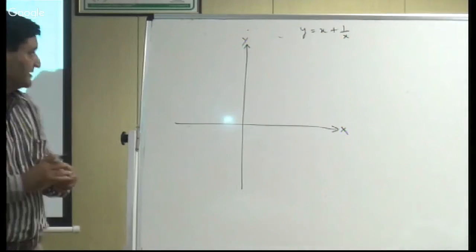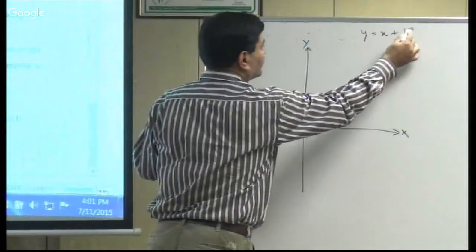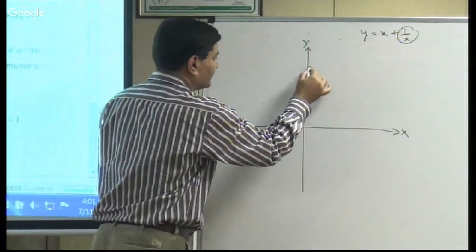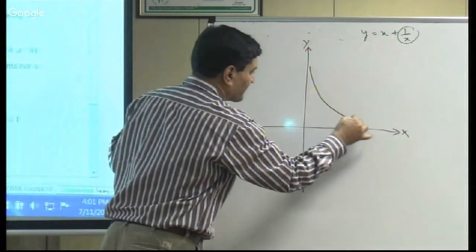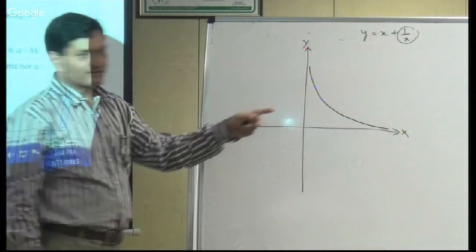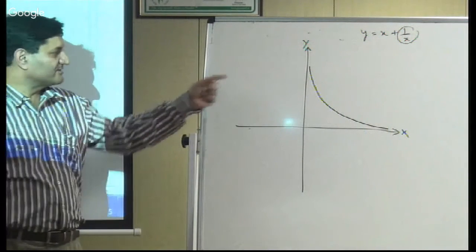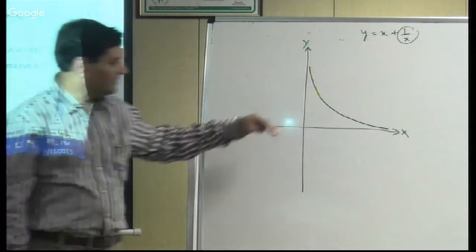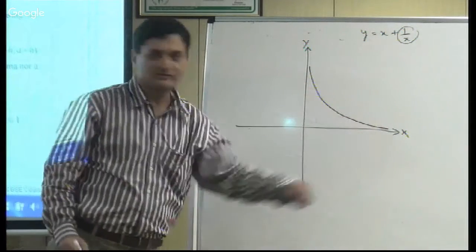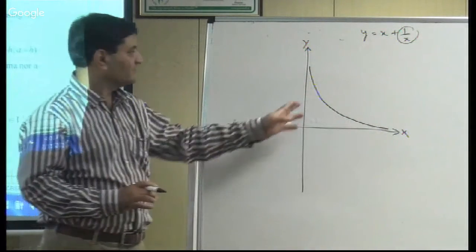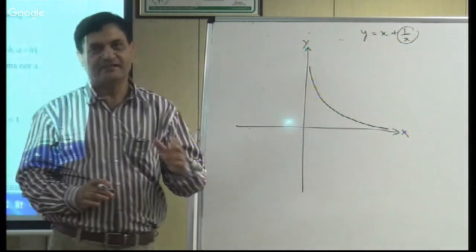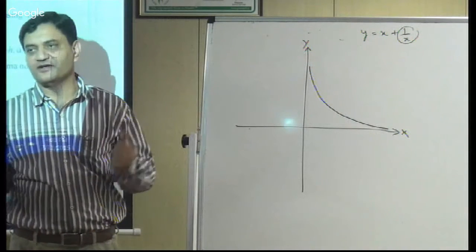See, y equal to 1 by x will be like this. Here the x-axis is one of the asymptotes and the y-axis is also one of the asymptotes. The function will come closer and closer to the x-axis, and closer and closer to the y-axis, but they will not meet.